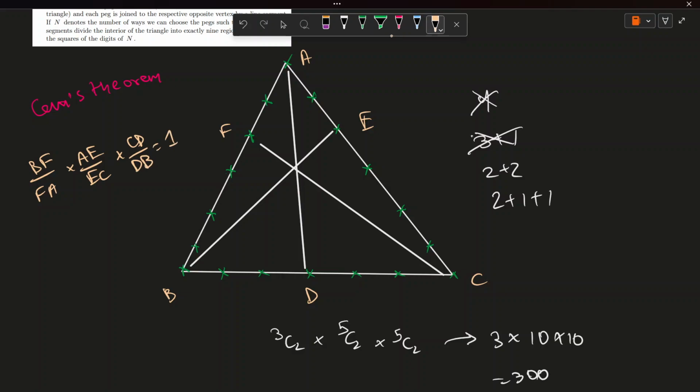Notice that here this is 4, this is 2, this is 2, this is 4, this is 3, this is 3. Notice that this product comes out to be 1, and hence these three lines are concurrent.